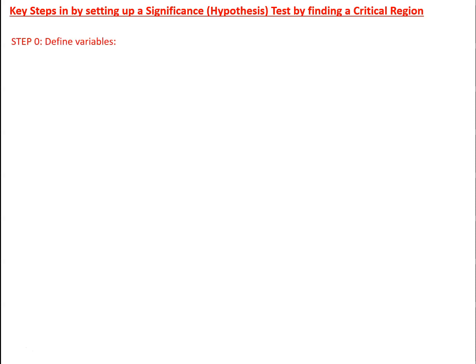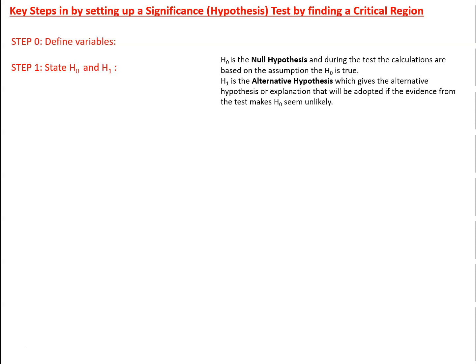As with the p-test, the first thing we must do is define the variables, and we must then state clearly the null hypothesis and the alternative hypothesis. Having stated clearly those two hypotheses, we've got to describe the test statistic and give its distribution on the assumption that the null hypothesis is true.